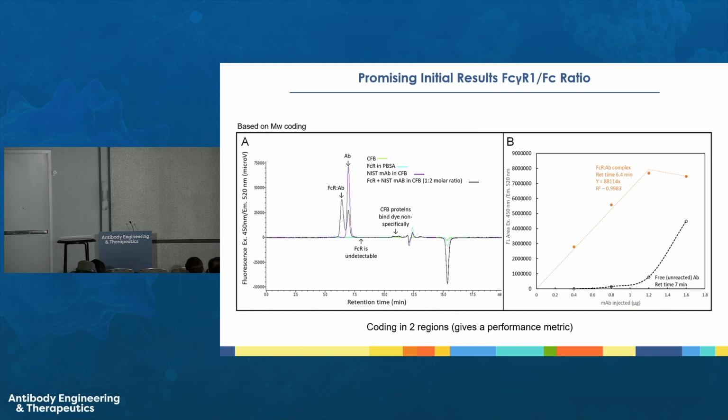When it binds the 50 kD FcγR, the molecular weight changes, and at a molar ratio of 1:2, FcγR to NIST mAb, you get both peaks: the complex peak, and this peak goes down. For a fixed amount of FcγR, if you vary the amount of mAb, you get a linear response. So theoretically, all these kinds of assays have become possible.